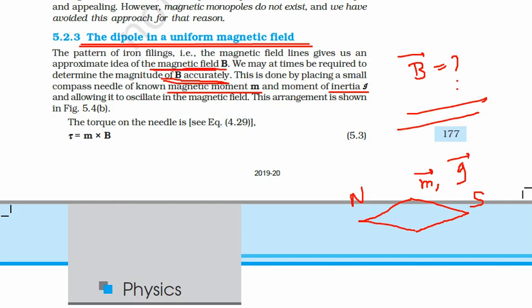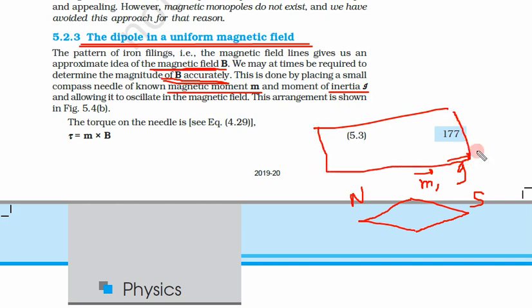Now if we put a bar magnet near to it, what will happen? This will try to rotate and will change its position. So remember, we know the moment of inertia I and the magnetic moment for this needle.